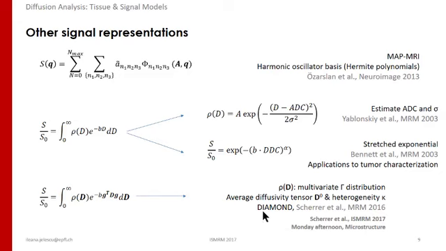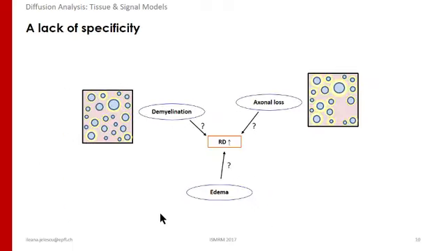DIAMOND is actually a mixture of statistical modeling and biophysical modeling, because they're even doing multiple compartments. Within each compartment, you have this distribution of diffusion tensors, so it's getting extremely sophisticated. But there is a talk tomorrow in the microstructure session using this model in a mouse model of TBI, I believe. So you can check that out if you're interested.